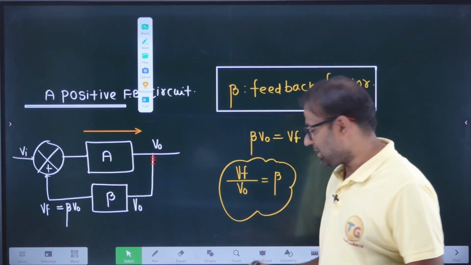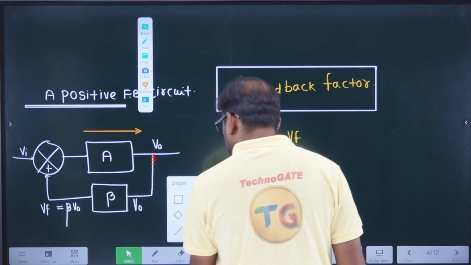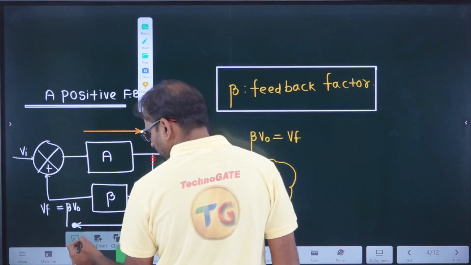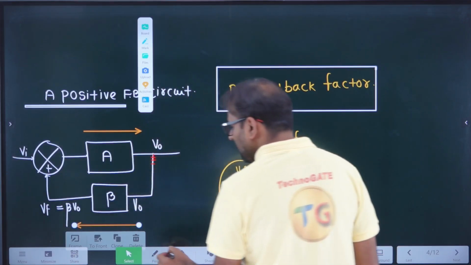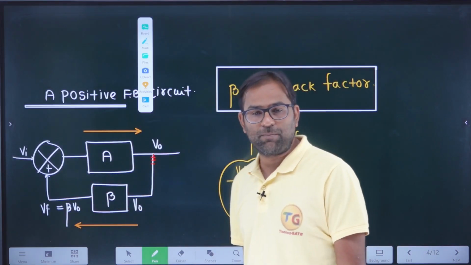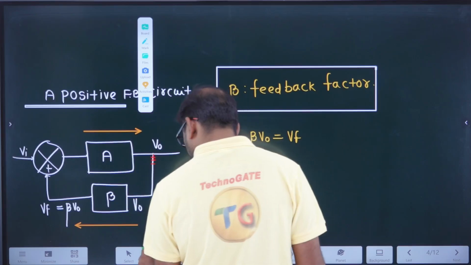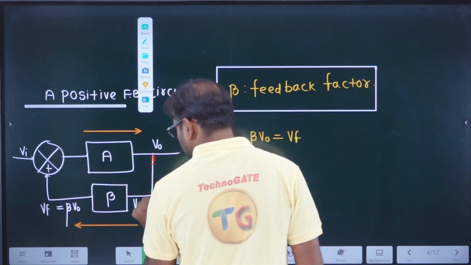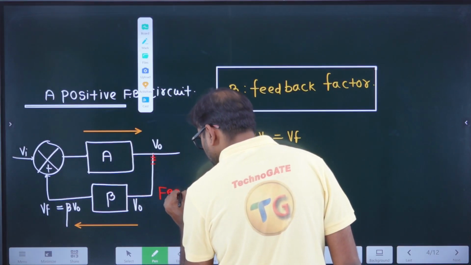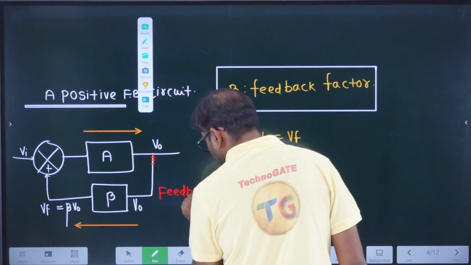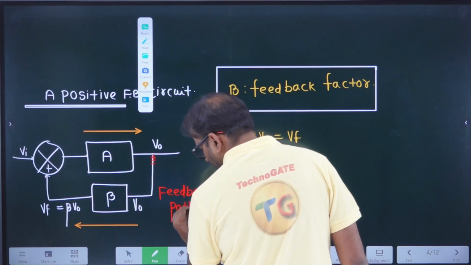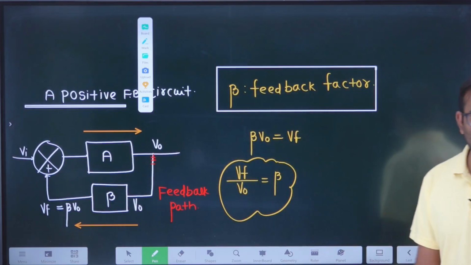The feedback is where signal travels from output to input, and this is known as feedback path.